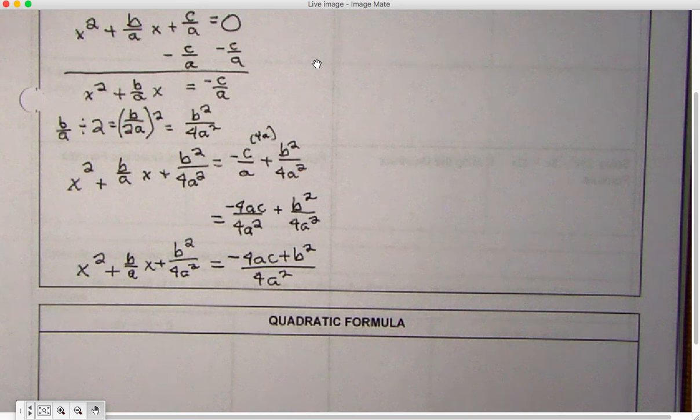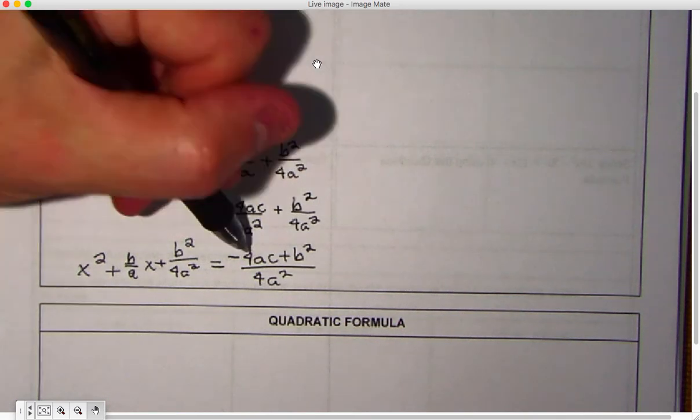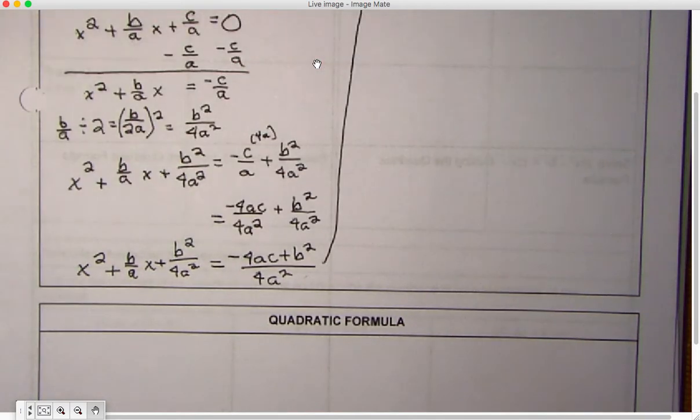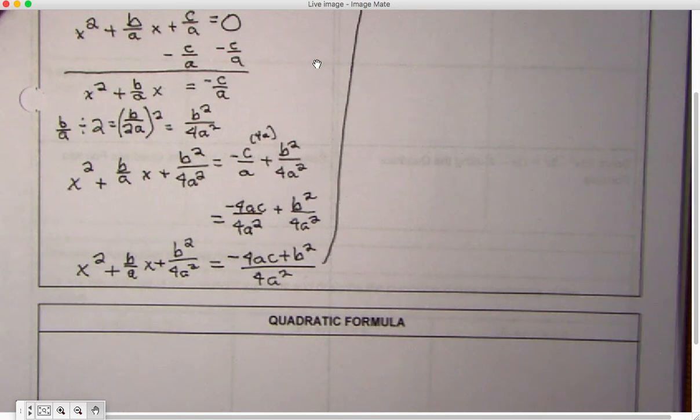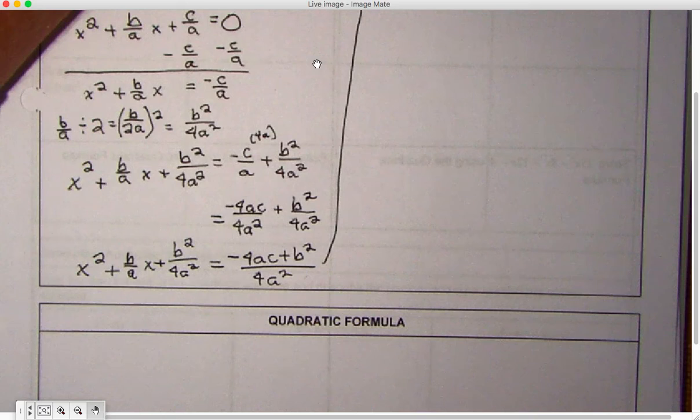Whew. All right. I want to do one other thing here. I want to take this and rewrite it as b squared minus 4ac. So I just want to reverse those. So I'm going to write what I have, x squared plus b over a x plus b squared over 4a squared, equals b squared minus 4ac, the whole thing over 4a squared.